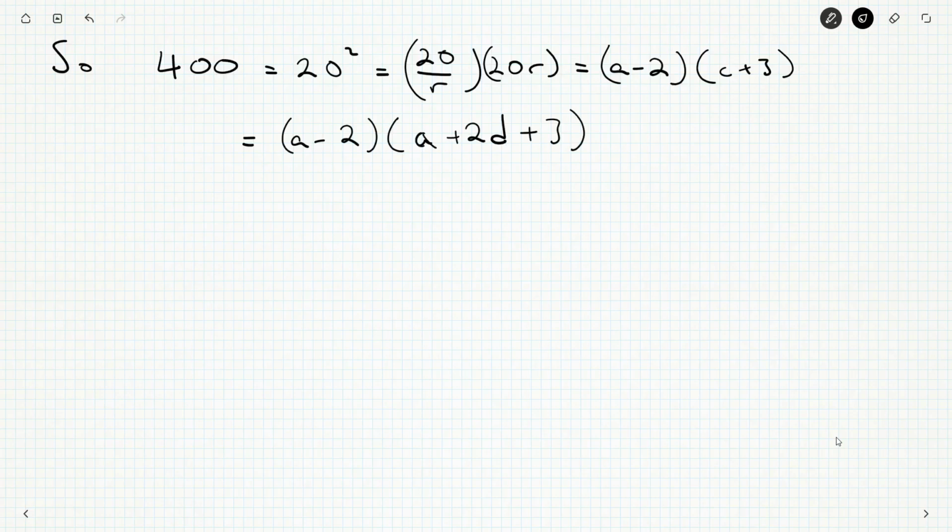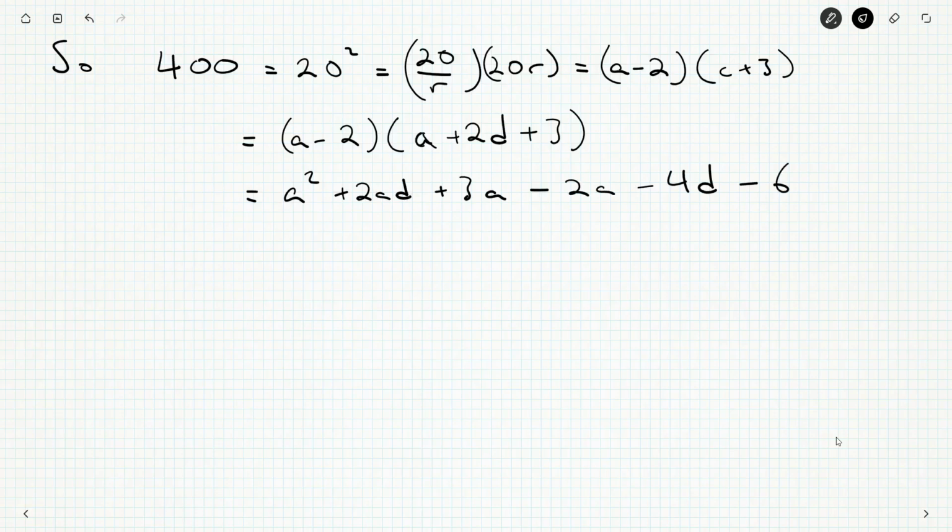So there's another equation. It's got your A's and your D's. I'm not sure this will go anywhere, but let's expand this out. A squared plus 2AD plus 3A minus 2A minus 4D minus 6. All that's equal to 400. That's A squared plus 2AD plus A minus 4D minus 6.